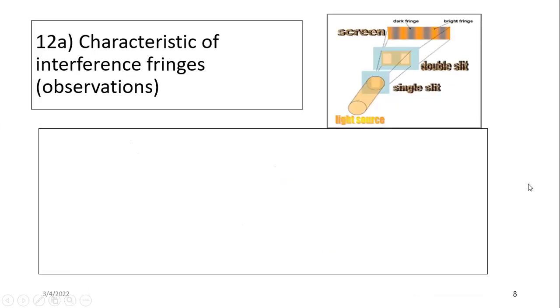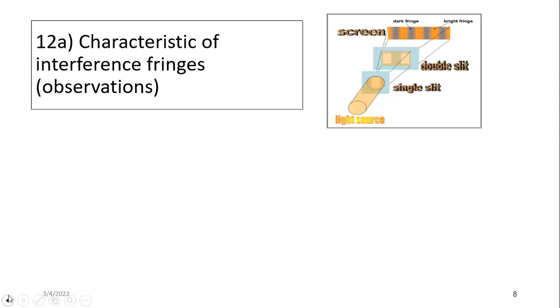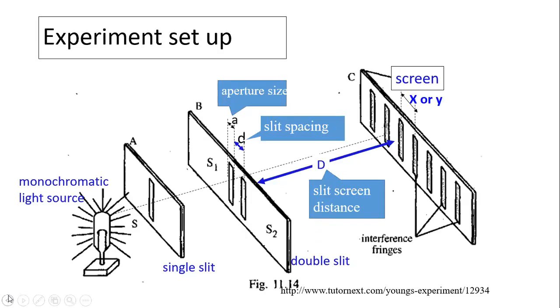Okay, go back again. So aperture size is the size of the hole, the aperture. We are not interested in the vertical. We are interested in the horizontal. Horizontal is the one called diffraction.